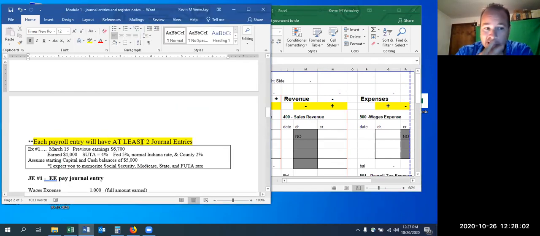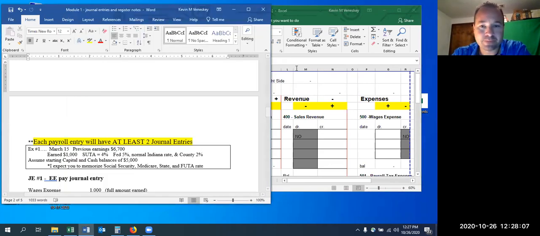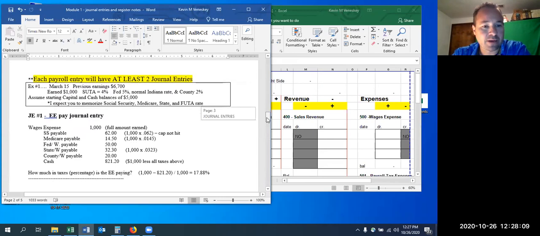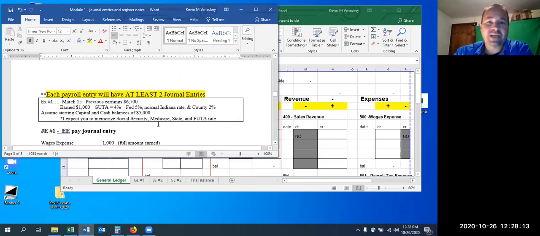All right, so let's jump in, and we're going to do the first item, the first little example that I have. First thing when we talk about journal entries is there's going to be always at least 2 journal entries whenever there's a payroll. We're going to have the employee and what they've earned, and then the taxes taken out of their check.